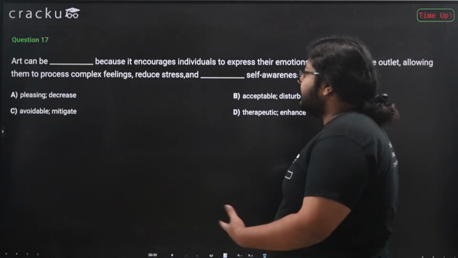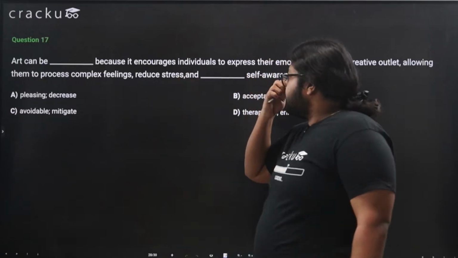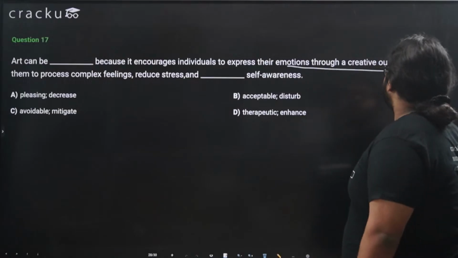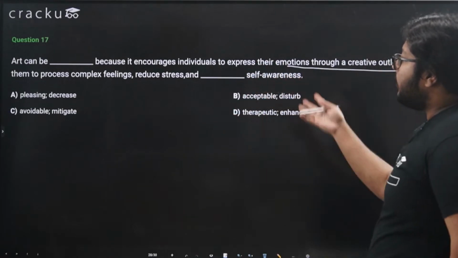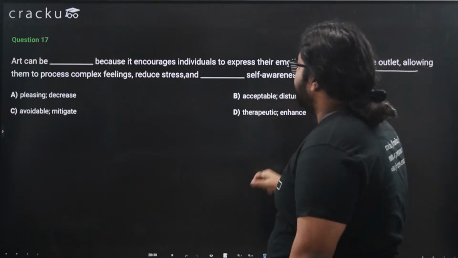Okay, so in this question, let's read the sentence. Art can be dash because it encourages individuals to express their emotions through a creative outlet, allowing them to process complex feelings, reduce stress, and dash self-awareness.